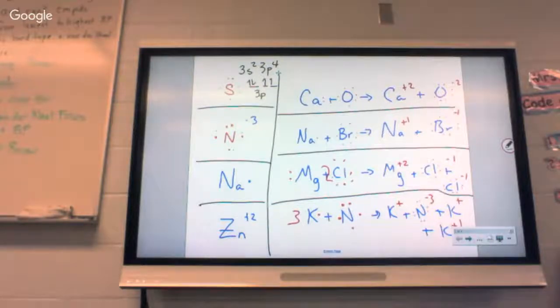Okay, and I'll give you a moment to look at those to see if you're okay with those. But they're the ionic structures that go with that. Maybe the first 3.